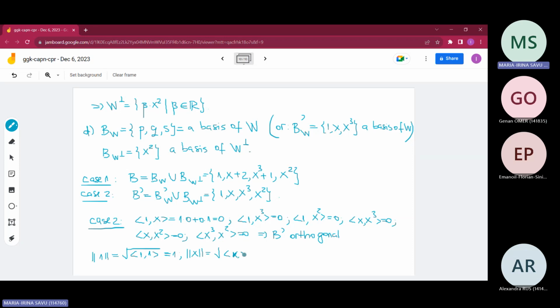Again, the norm of x squared is 1, and x cubed is 1. So B prime is already orthonormal. Okay, let's see case 1, because case 2 was a simple case.